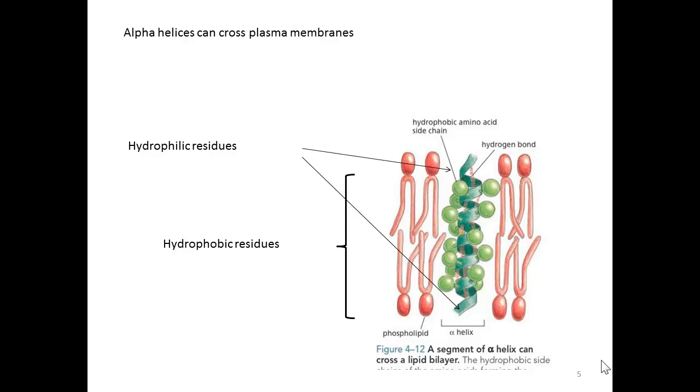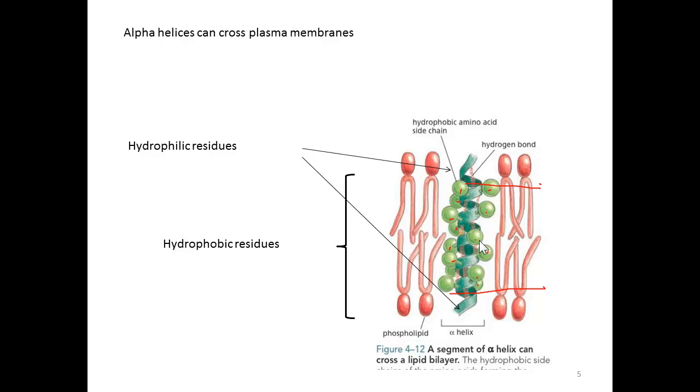Alpha helices are one simple way that proteins can cross lipid bilayers, membranes. That's because you can have a string of about 20 amino acids here that are only the hydrophobic amino acids, so that they can interact with the hydrophobic lipid membrane tails.